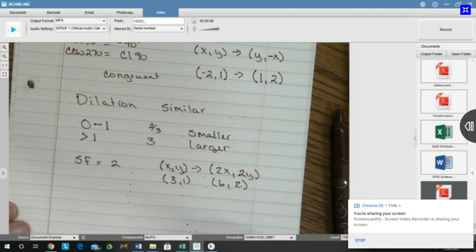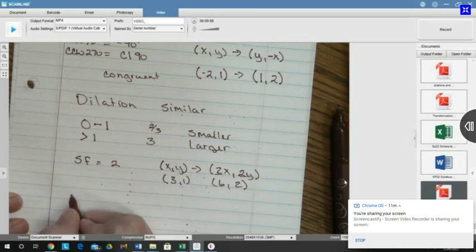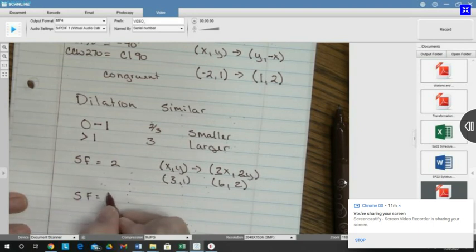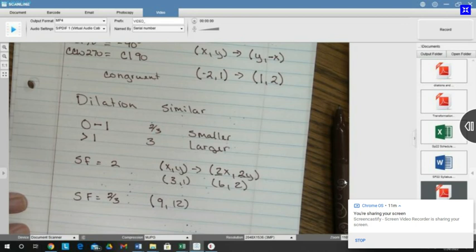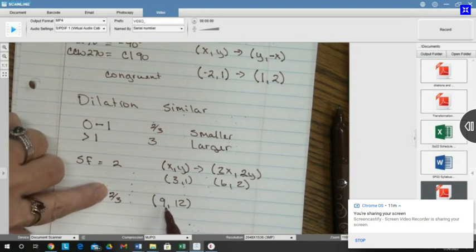Make sure that you get everybody, okay? Now, if you have a scale factor of, let's say, 2/3 and your coordinate is (9, 12), remember, multiply the tops and divide by the bottoms.